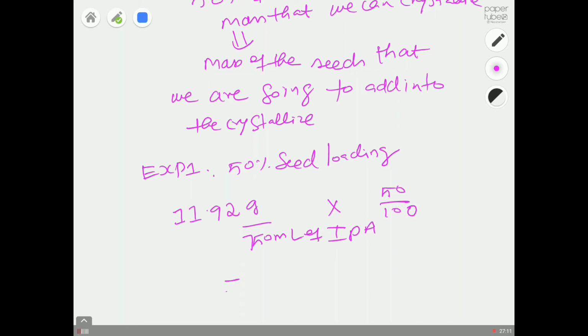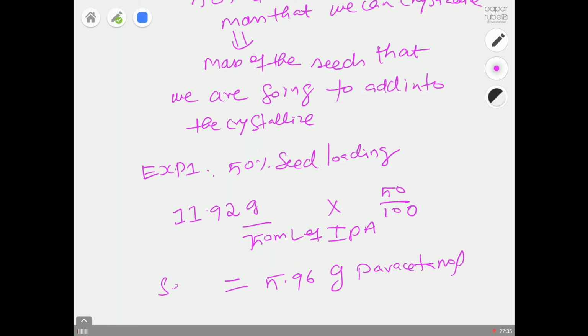I can calculate it right now: 11.92 multiplied by 50 divided by 100, so it's around 5.96. So I added 5.96 gram of paracetamol.